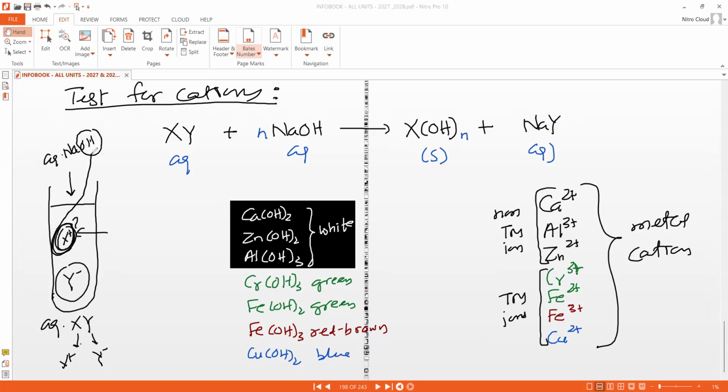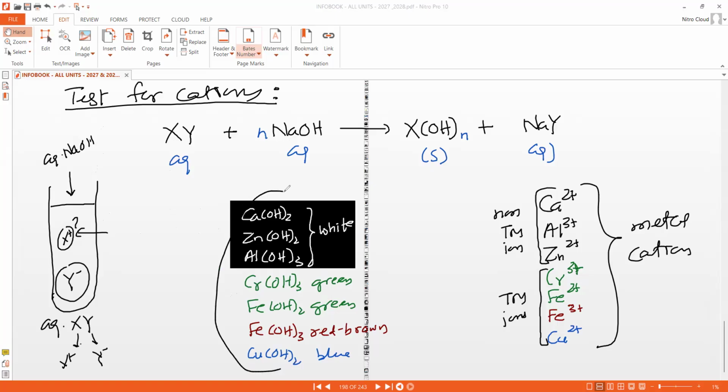Suppose this cation is zinc, then the hydroxide added will combine with the zinc ion and you'll get zinc hydroxide. If this cation is calcium, then you'll get calcium hydroxide. If this cation is Fe2+, then you get iron 2 hydroxide, and so on. So depending on which cation is present here, I will get one of these metal hydroxides.